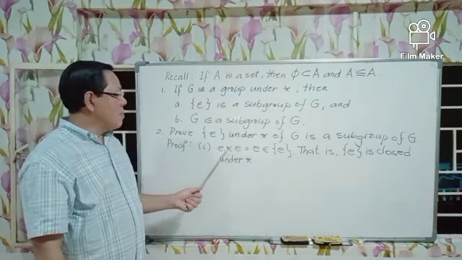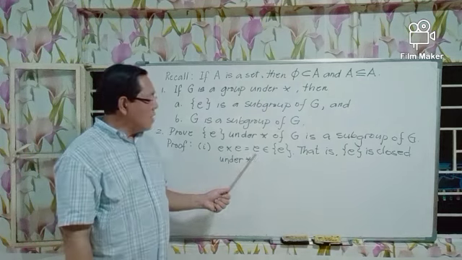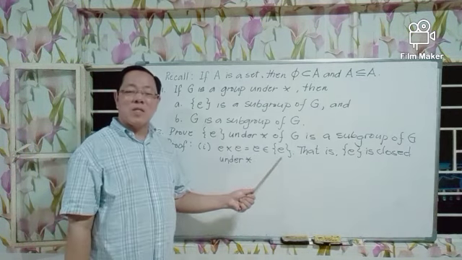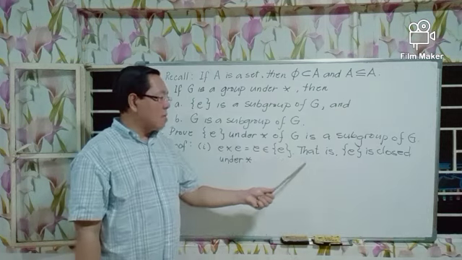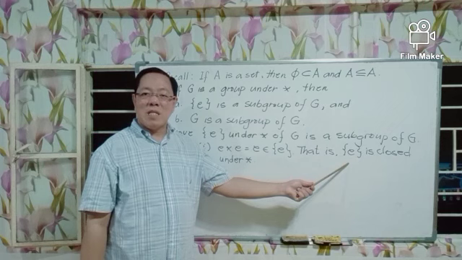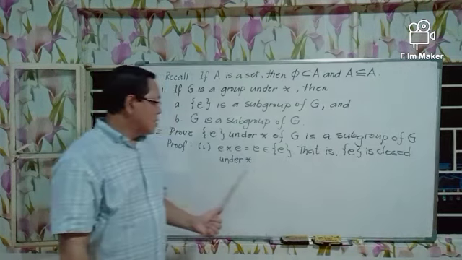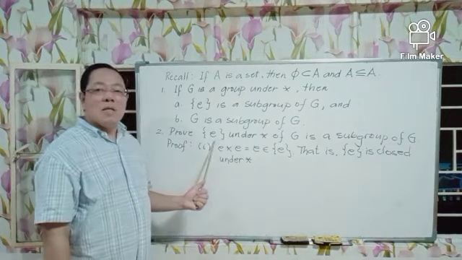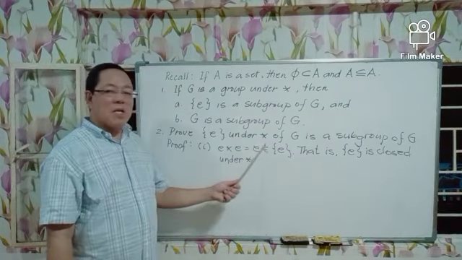And here E is combined with the element E and the result is the element E. And the identity element E is an element of this subset containing the identity element E. That is, we have shown that this subset containing the identity element E of G is closed under the binary operation star. We have shown that this subset satisfies the closure property under the binary operation star.